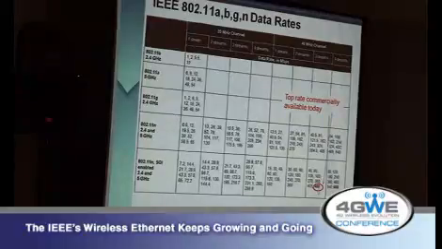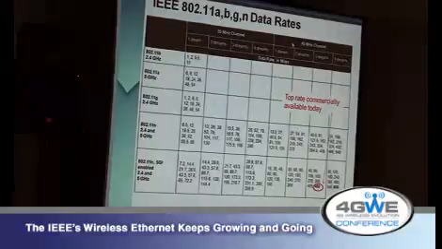Now, how do we do this? So 11N, essentially, they did a variety of things to reach such high data rates. The easiest one is to double up the channel bandwidth. So we went from traditional 20 megahertz to 40 megahertz channel width.